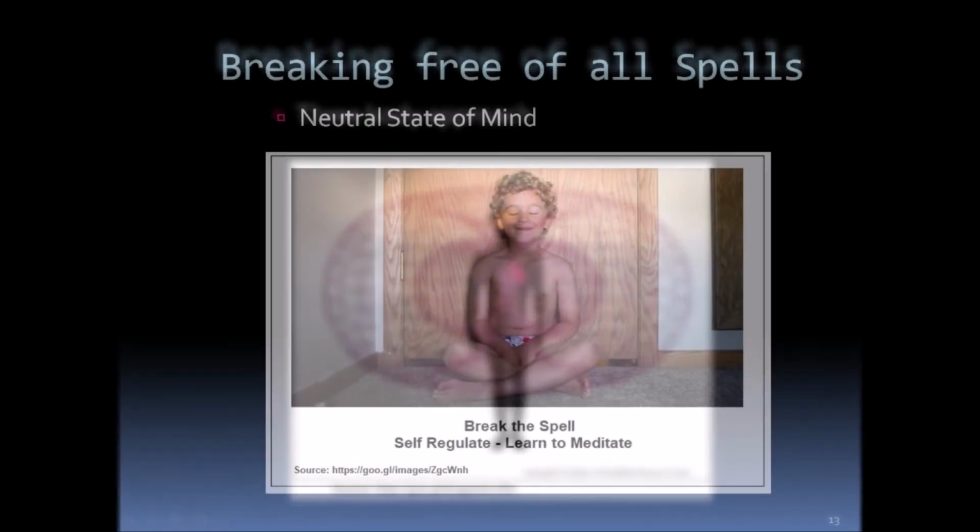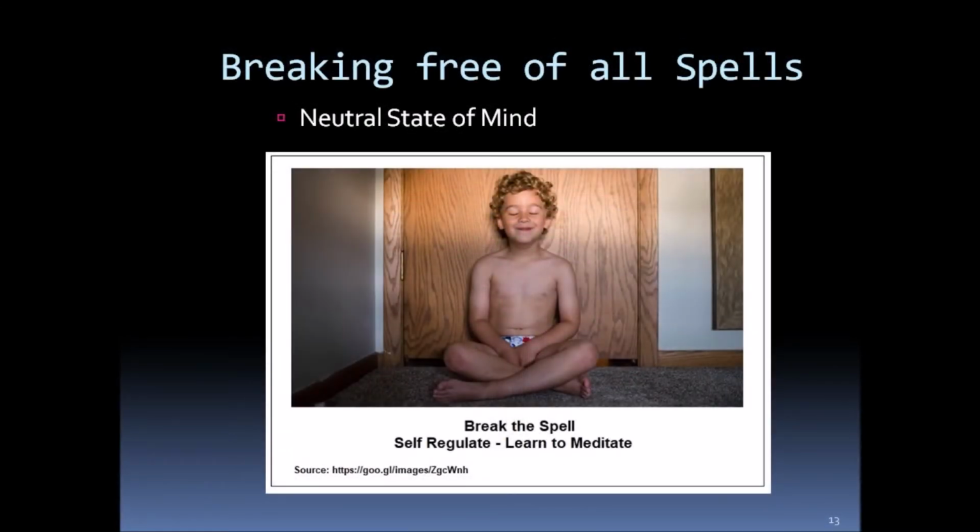One way of doing this in one fell swoop, for those who meditate, is to sit down and go into this neutral state of mind that I referred to earlier. You will automatically free the three bodies to do what they do naturally. If left alone, your body will neutralize, balance and regulate. That's what they do.